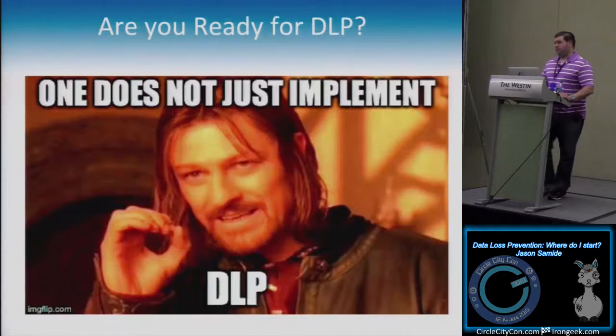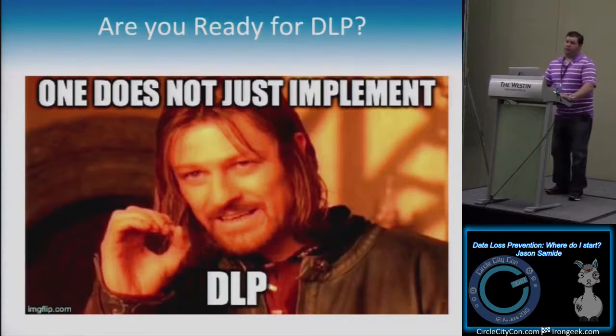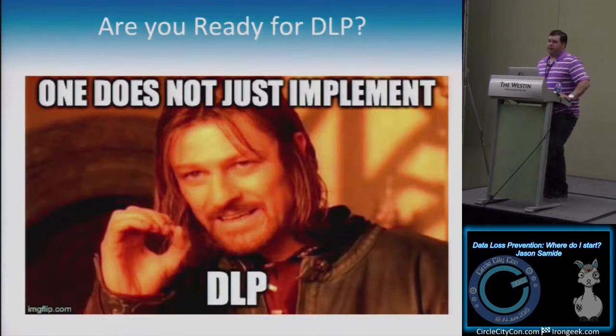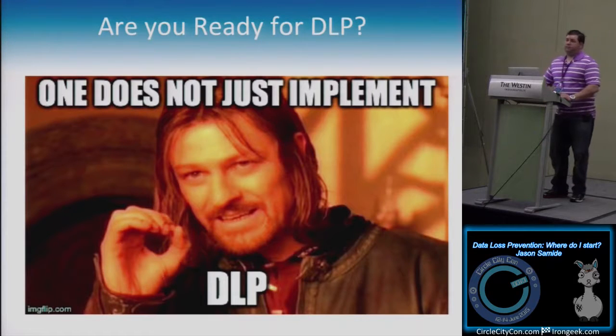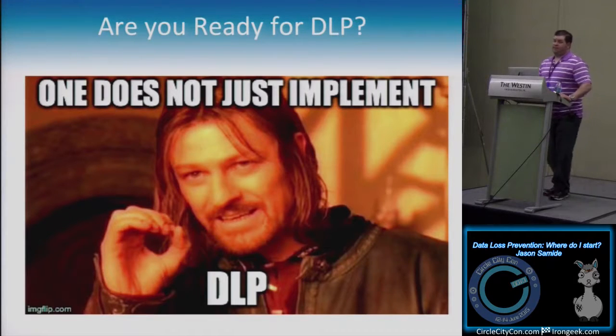So a lot of times people come to me and say, when we're doing the DLP program, or a project as they'll call it, hey, why can't we just buy this particular box and have DLP? And that's really not the best way of doing it, because you don't know where the data is, you don't know who owns the data, if it's in motion, at rest, and how much of it is at rest.